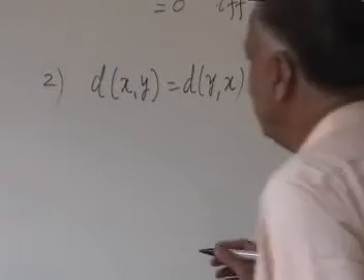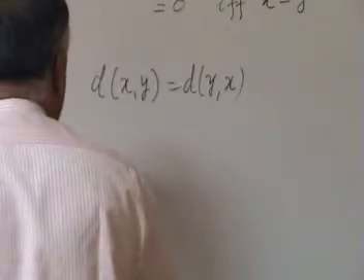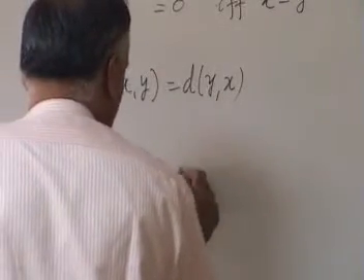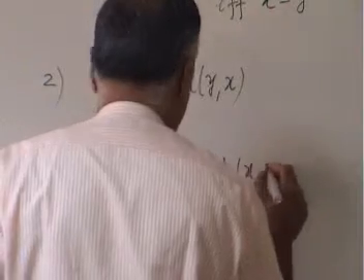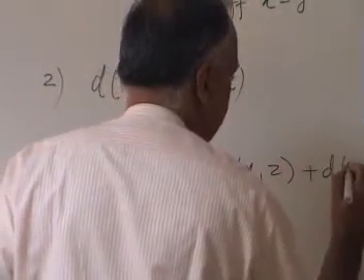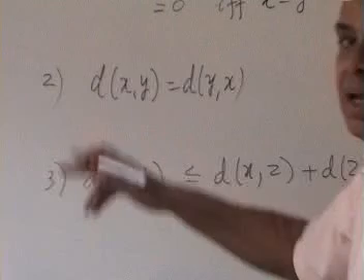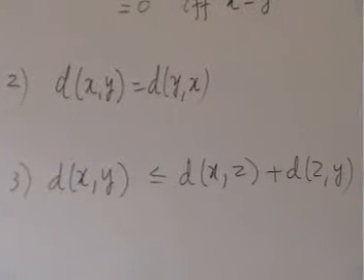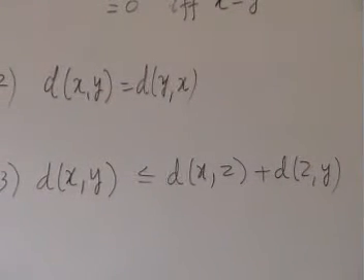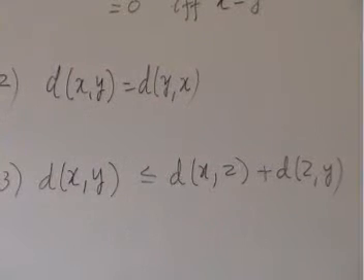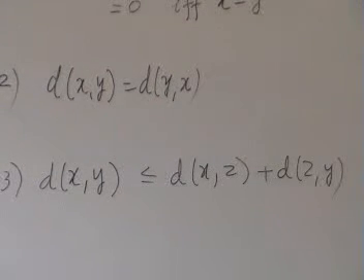And the most important thing is the following. This follows from the triangular inequality for the absolute values. Absolute x minus y is less than or equal to absolute x minus z plus absolute z minus y, which you have seen before.